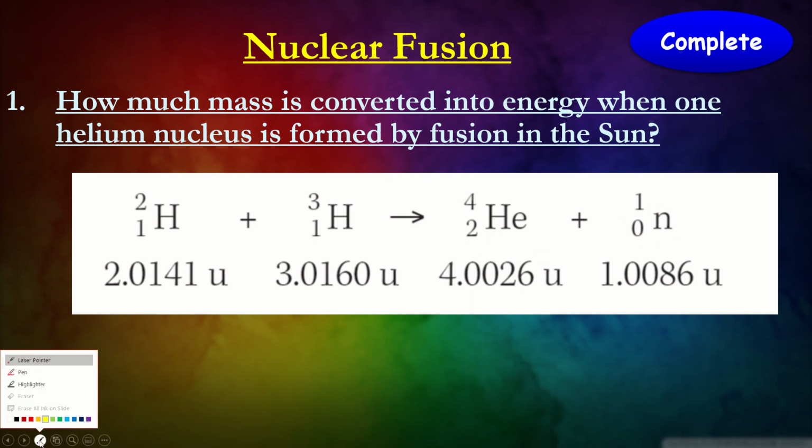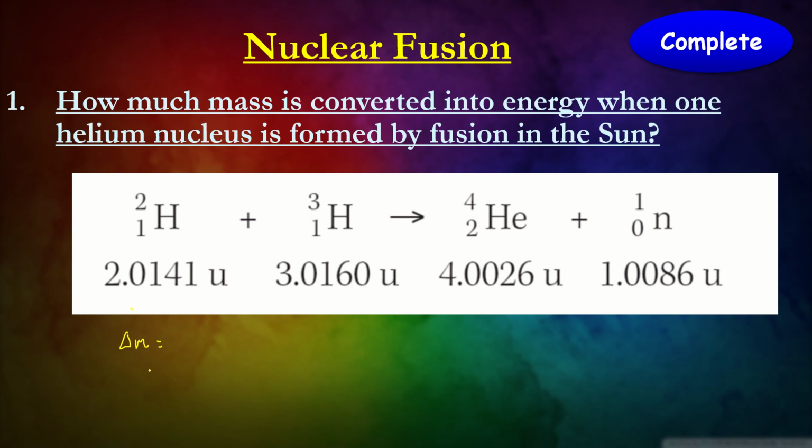So what could the mass defect be? Okay, so we need to find the mass defect, and then what we're trying to find is the energy. So for the mass defect, we have the masses of the reactant side, so let's write that first.